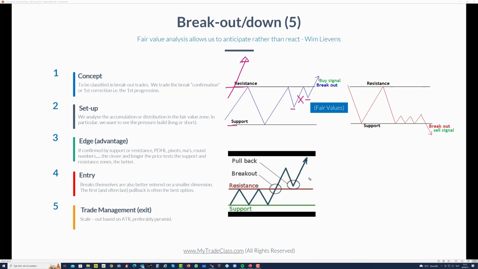I'm going to put my order in here. I'm going to anticipate the breakout. Now, the problem is where your stop is going to be, because very often in these breakouts you sometimes have a move down before it moves up. So that doesn't really work, so that's maybe not such a good idea.